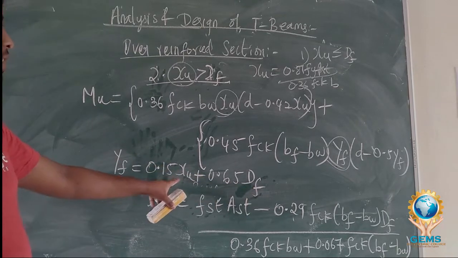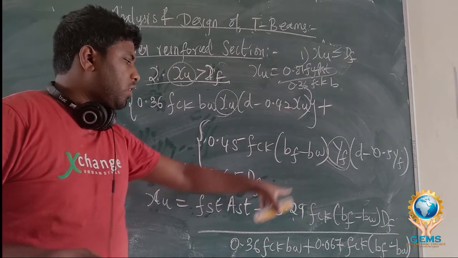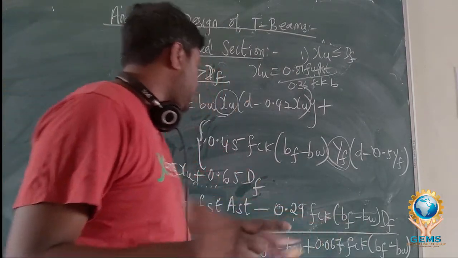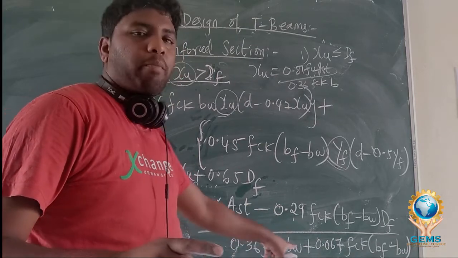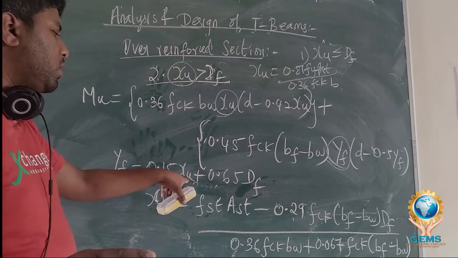For XU, use the first formula: FST AST minus 0.45 FCK BF minus BW DF, divided by 0.36 FCK BW. Substitute this XU value to get the YF value.